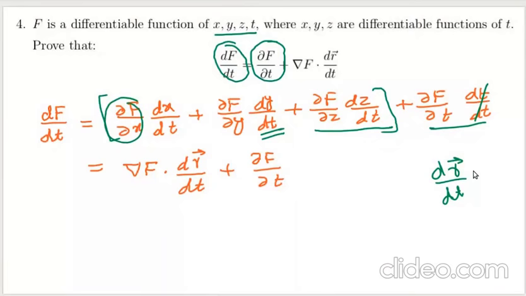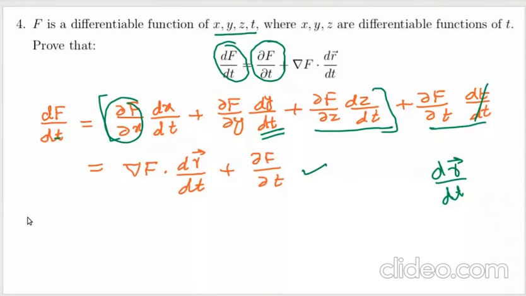So the overall result is that the complete derivative of f with t is gradient of f dot dr by dt plus del f by del t. Is it clear? Yes, sir. Okay.